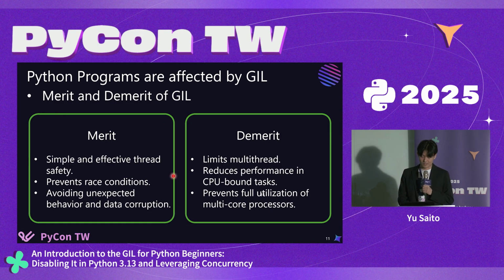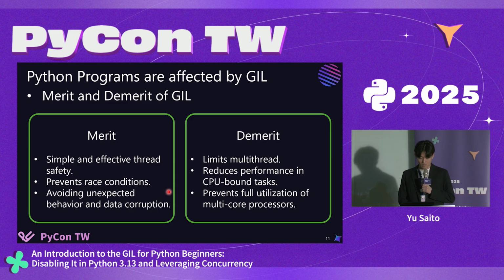As far as merits are concerned, the GIL provides simple, effective thread safety. The GIL also prevents race conditions, and it avoids unexpected behavior and data corruption. So you don't need to implement complex mutexes on the program side.